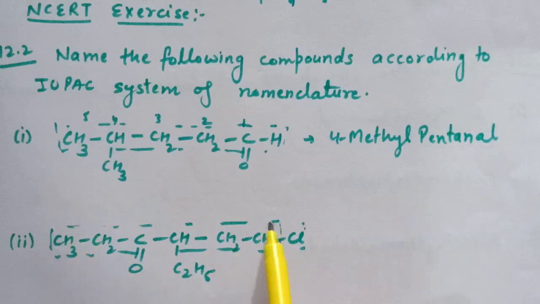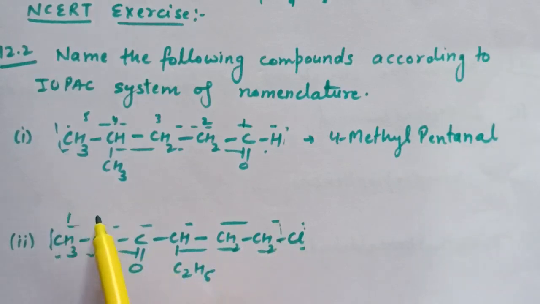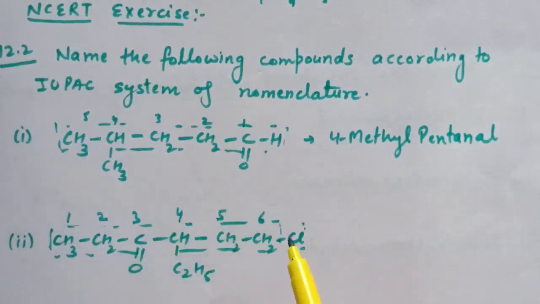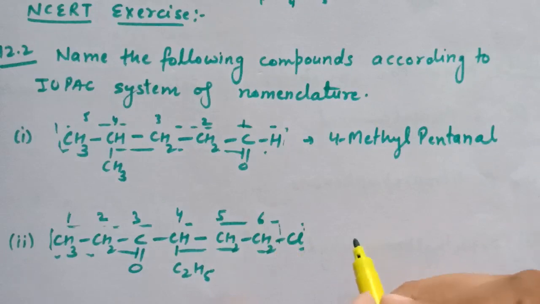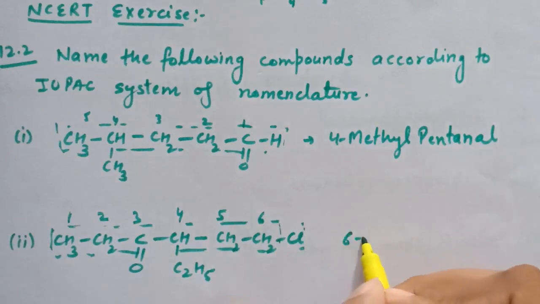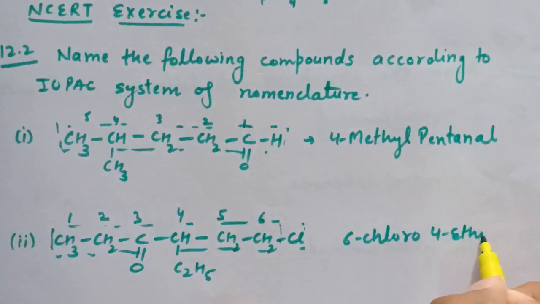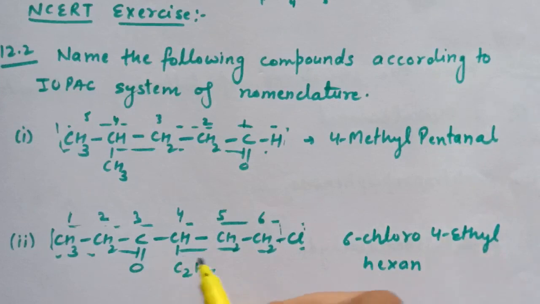So the longest chain is this, which contains 2 substituents and this carbonyl group. So we will start numbering from this side, 1, 2, 3, 4, 5 and 6. At sixth position Cl is there, so 6-chloro, 4-ethyl, for 6 carbons it is hexane, and at third position the carbonyl group is present, hexan-3-one.